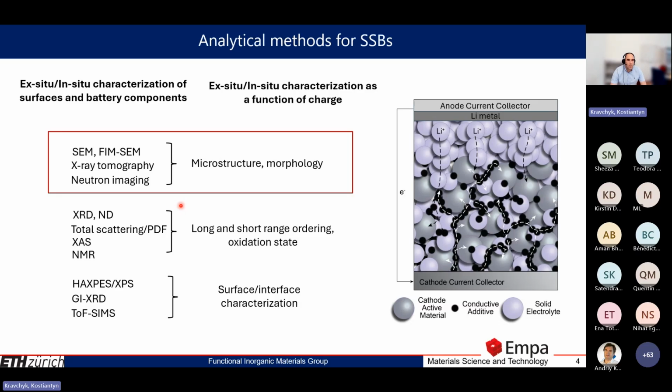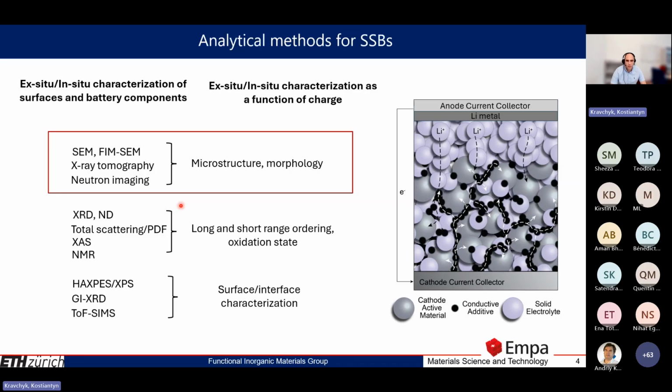For this, in addition to the classical SEM method, you can use FIB-SEM and tomography methods as well. Then you have another category, dedicated to studying long and short range ordering in your material, and you can also estimate the oxidation state of the transition metal and how it changes as a function of charge. And then finally, you can use methods for characterization of surfaces as well as interfaces.